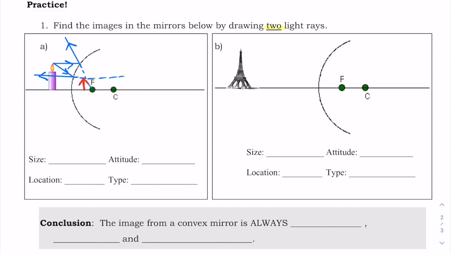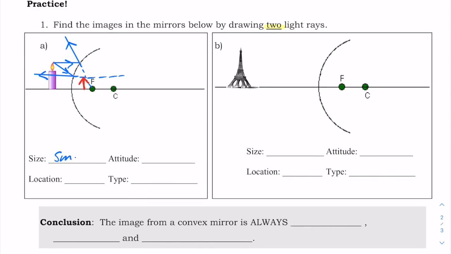And there you go, everyone. Let's quantify it. The size is definitely smaller. As for the attitude, it is indeed upright. It's behind the mirror. And therefore, that means it is a virtual image.